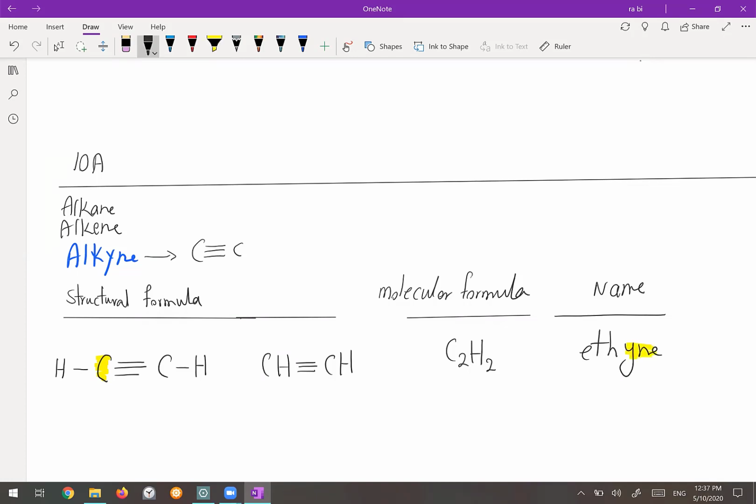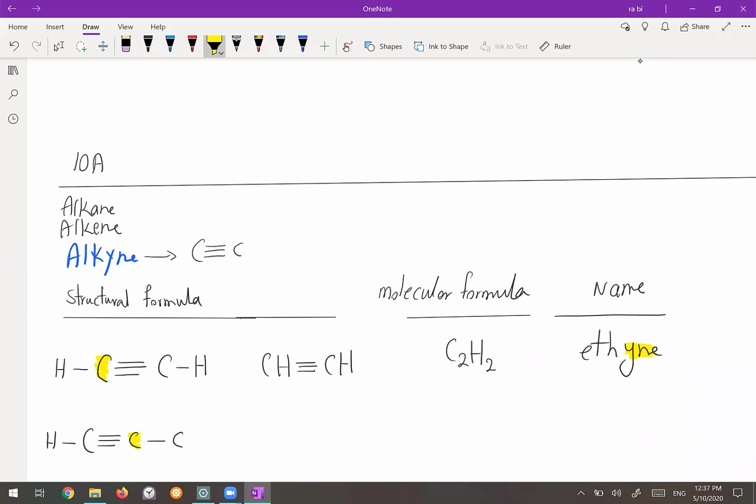The next member must contain three carbons. So I put the triple bond for the first two carbons, then I put a single bond for the next one. The carbon which is at the left only needs one hydrogen, but the carbon which is at the middle, all of its four valence electrons are shared.